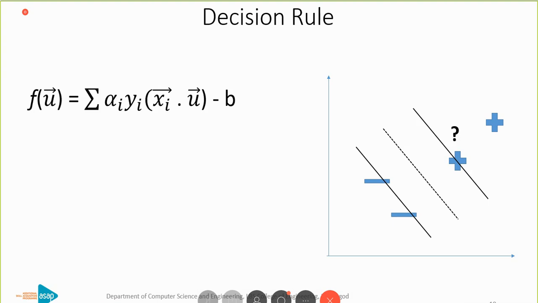Unlike many other algorithms, you don't require the entire training sample to make the prediction. So that will make the predictions of support vector machine much faster than other algorithms, and the computation is very little because we don't need any complex operations. We just need to take the dot product only. So that's the decision rule we have.